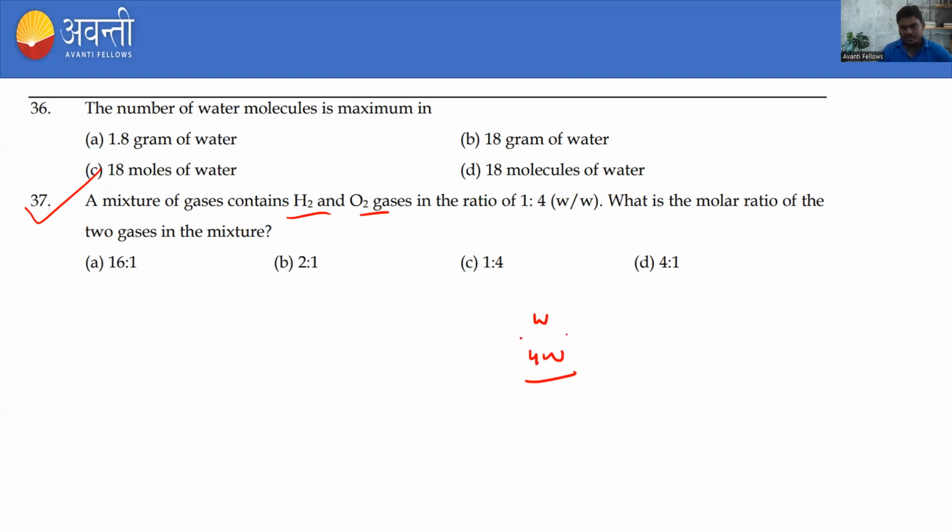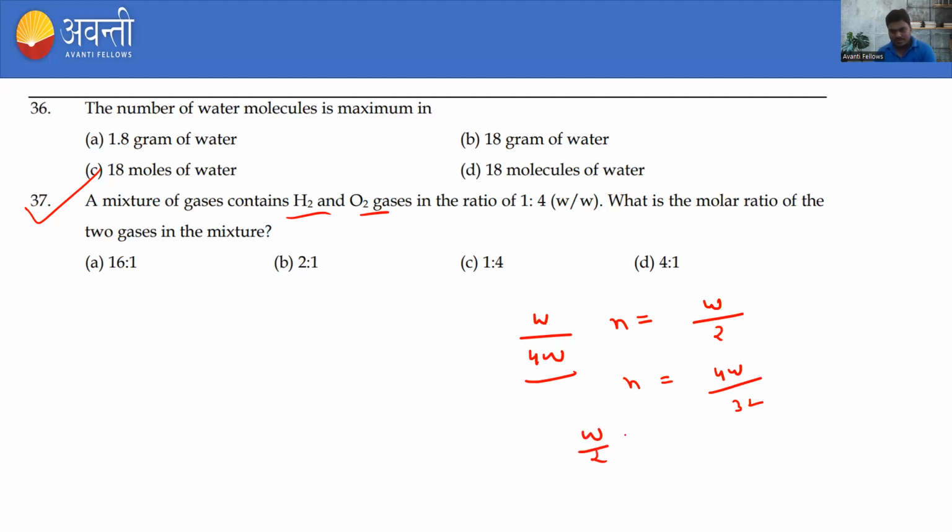So what is the molar ratio? The number of moles is mass upon molecular mass. For H2, the molecular mass is 2. Similarly, for O2, the mass is 4W and the molecular mass is 32. So if you divide this, what you will get?